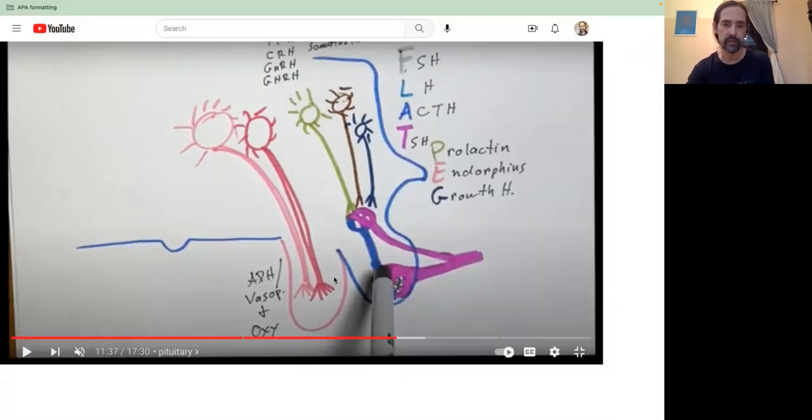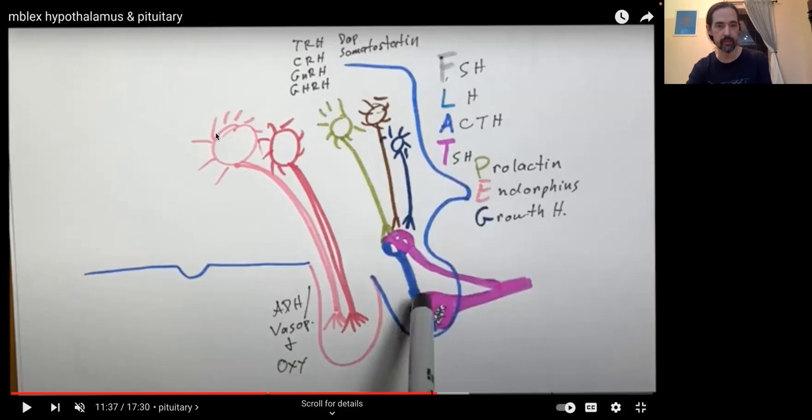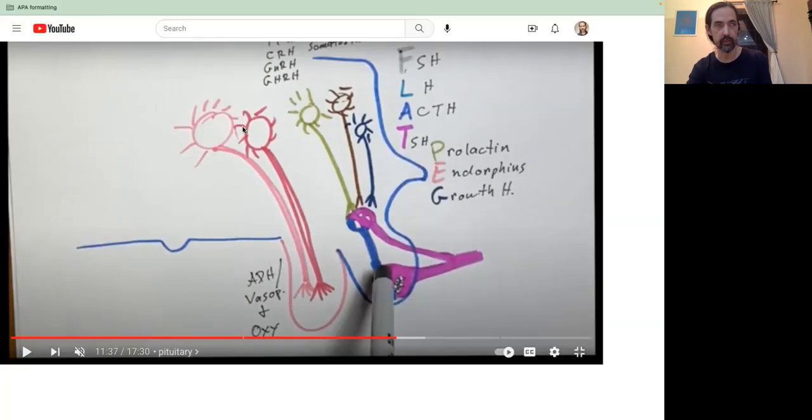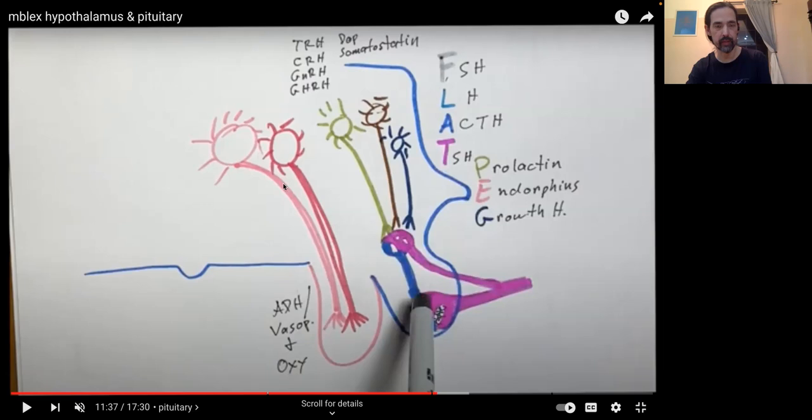The first is the posterior pituitary. The axons of the nerve cell bodies in the hypothalamus extend all the way down into the posterior pituitary, and they make up the posterior pituitary. This means the posterior pituitary is made up of neuronal tissue.